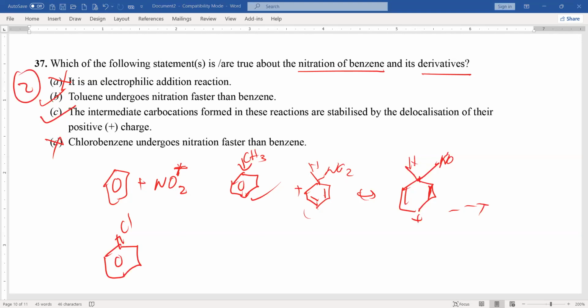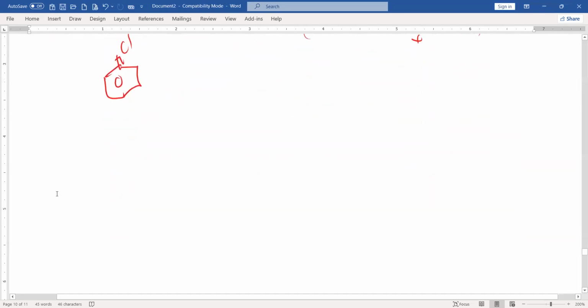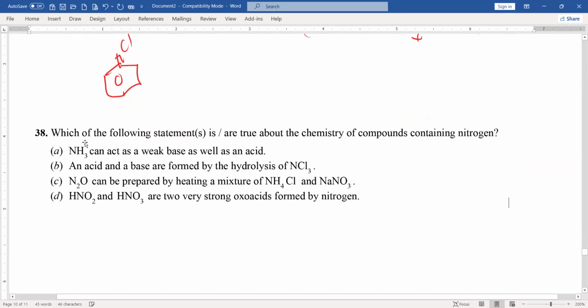And finally, question 38. Which of the following statements are true about the chemistry of compounds containing nitrogen?